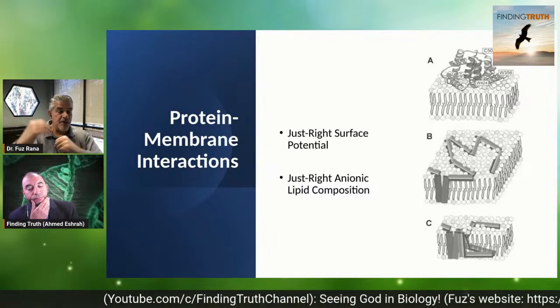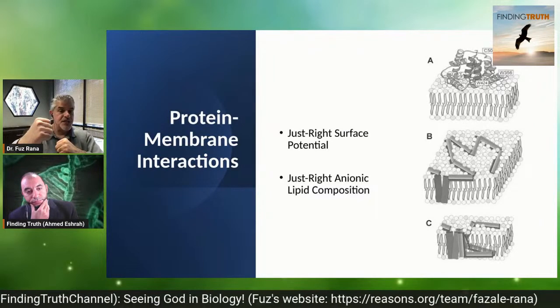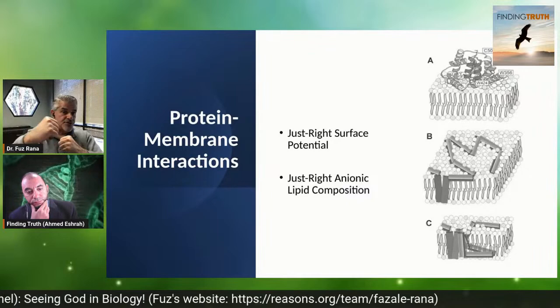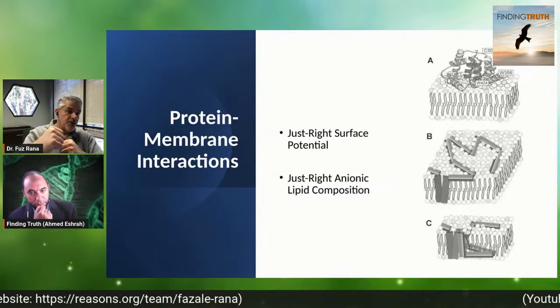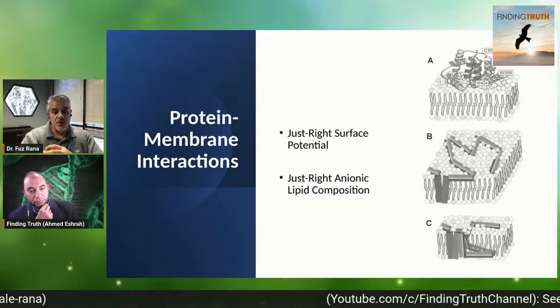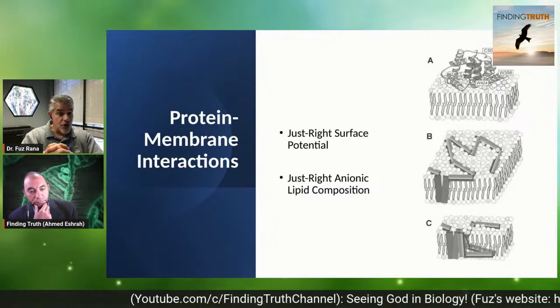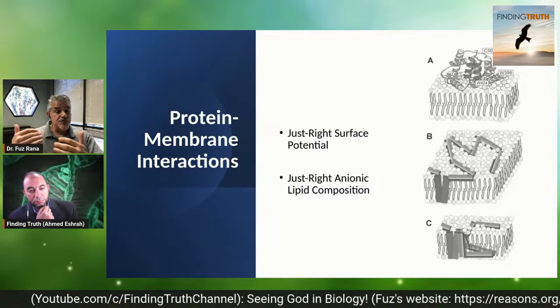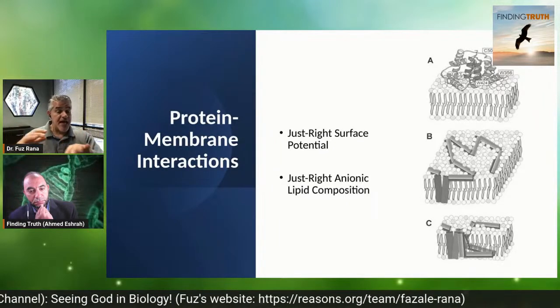They have a negative and a positive region, and so they're zwitterions, where the negative and the positive charge are separated in the molecule, but the overall charge on the molecule is neutral. But phosphatidylglycerol and phosphatidylserine bear negative charges, and those negative charges actually mediate the interaction of proteins at the cell surface.